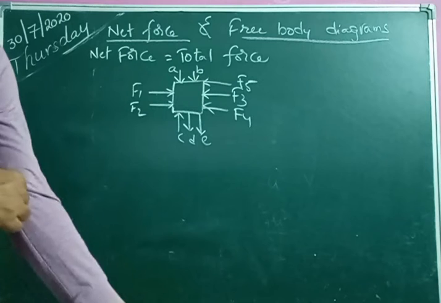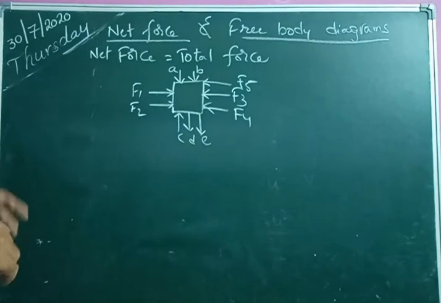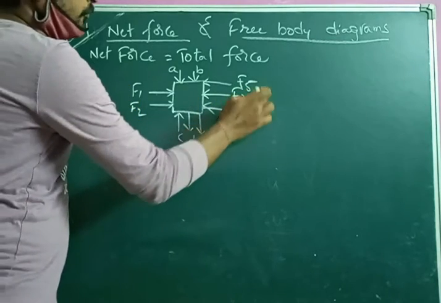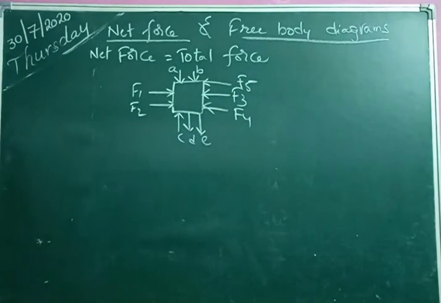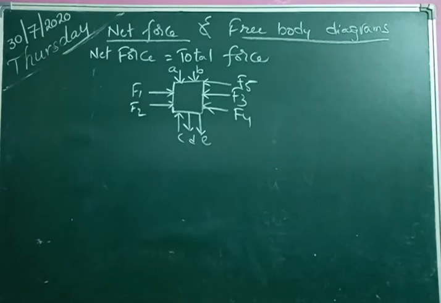Okay, and if we consider F1, F2, F3, F4, F5, these forces are acting in horizontal direction, and A, B, C, D, E are acting in vertical direction.